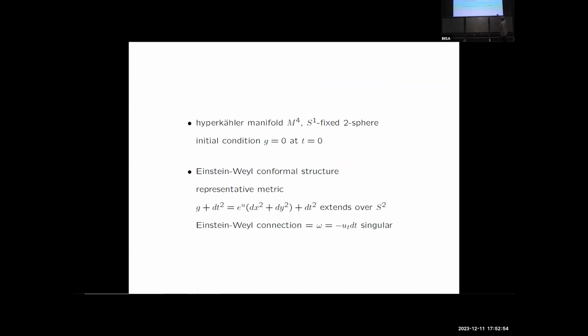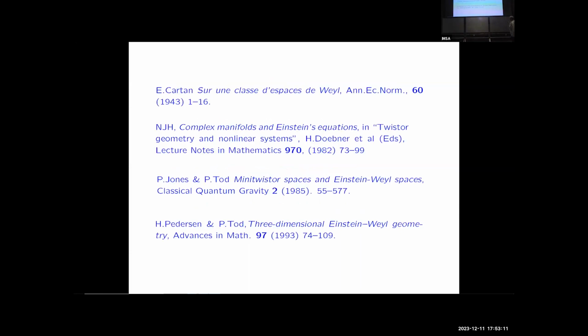In our situation, the circle action has a fixed two-sphere, and if you take the initial conditions equal to 0, then this is what you get. I don't call this initial, but there's a good way of doing it.